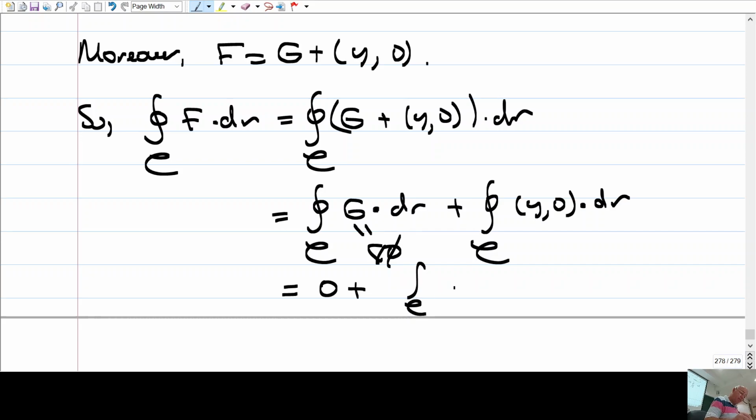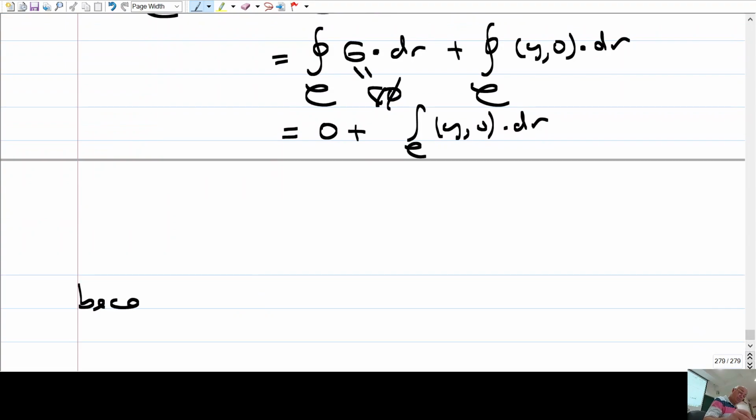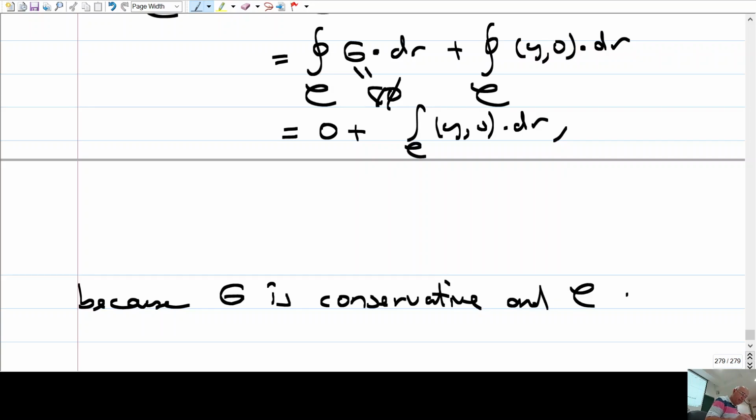Therefore I have only (y, 0) dot dr because g is conservative and C is a closed loop.